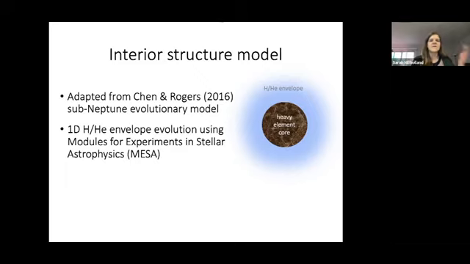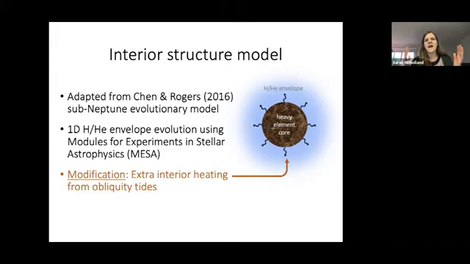This code is built off of the MESA code that is typically used to model stars, but with some adjustments to account for the fact that this is a planet rather than a star. The only modification I made to this model was to account for the extra interior heating that we would expect due to the tidal heating we think might be happening.